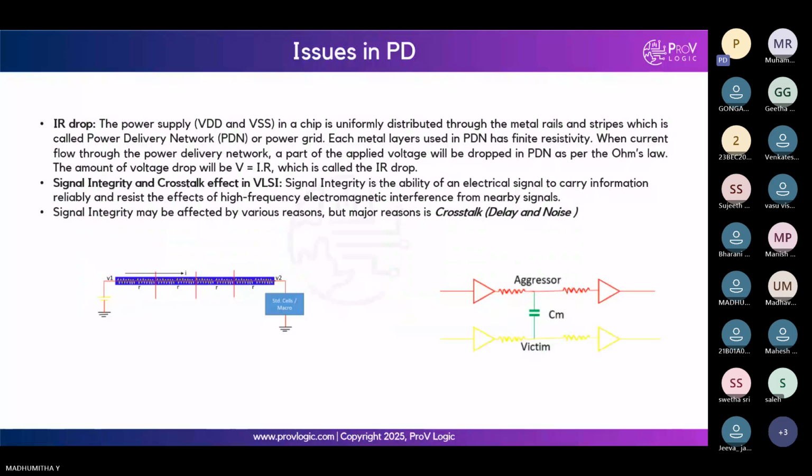So if the aggressor net is switching and the victim net is constant, that is one case. The next case is when the aggressor net data is switching and the victim net data is also switching.